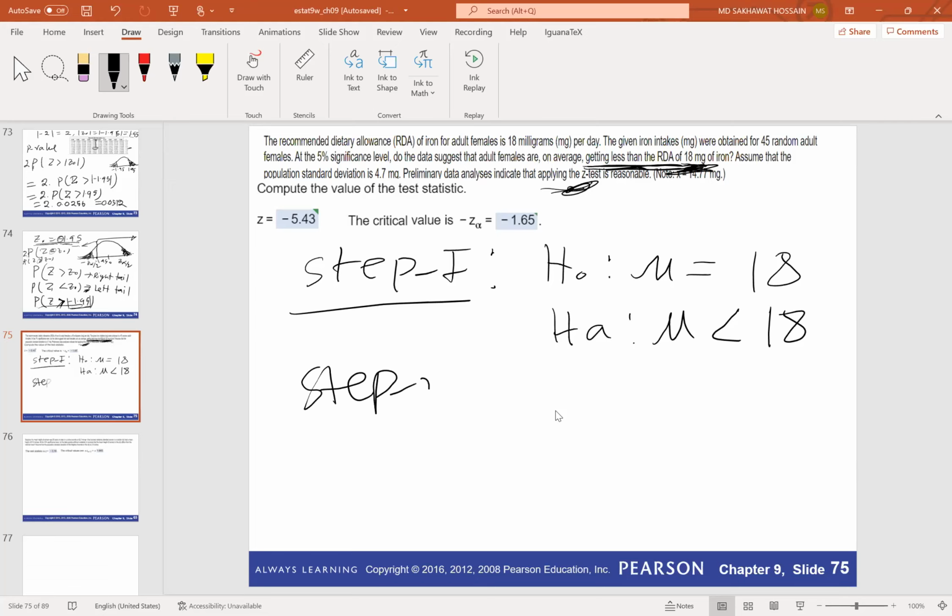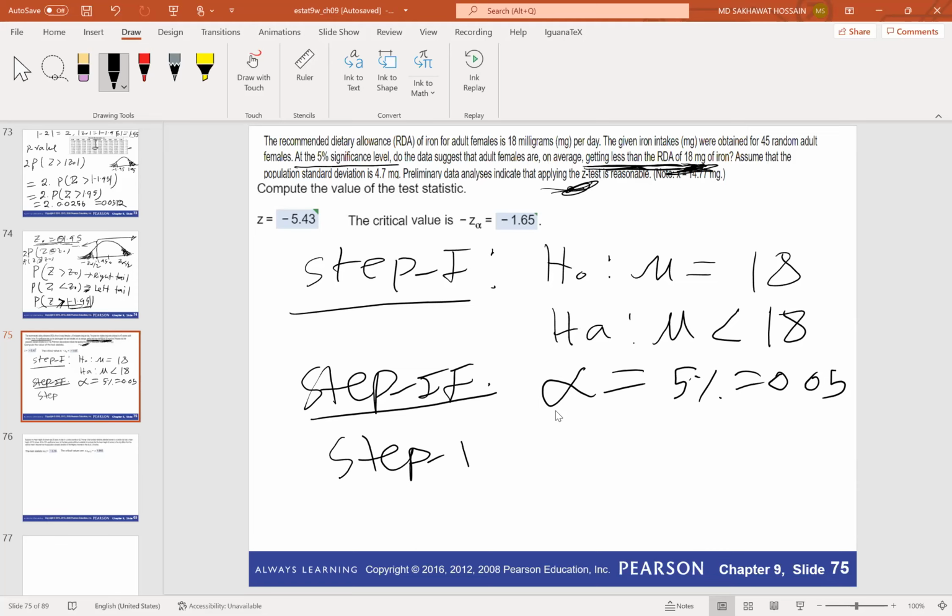Step two, you have to determine the alpha value, the level of significance. The level of significance is 5%, so this is 0.05. And the population standard deviation sigma is 4.7. Then we have to calculate the test statistic. z0 is x bar minus mu 0 over sigma over square root of n. The sample size is n equals 45.